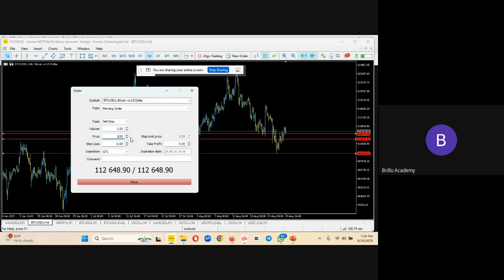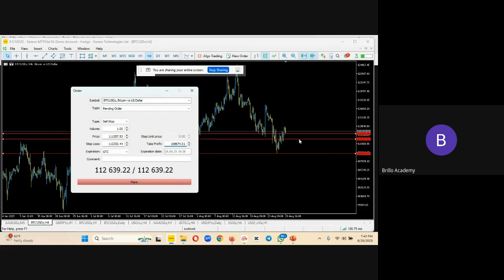So the sell stop is 111,257.53. And my stop loss, which is above, is 112,232.44. And my take profit is the down line, which is 108,674.01.